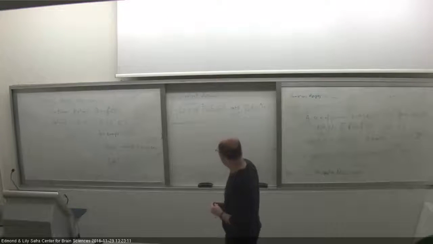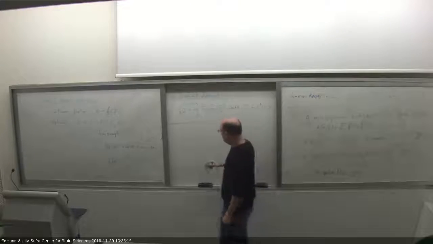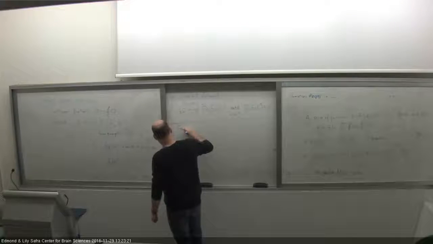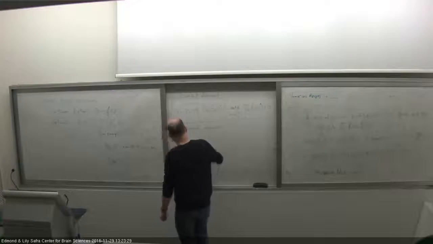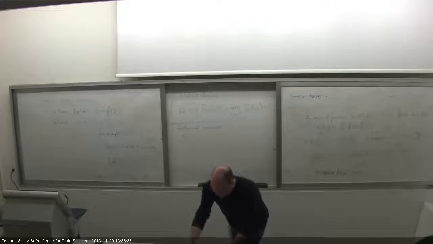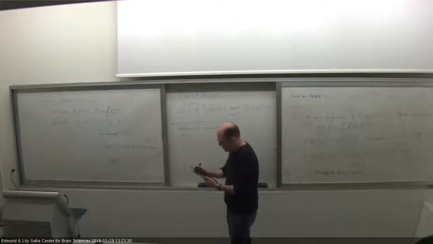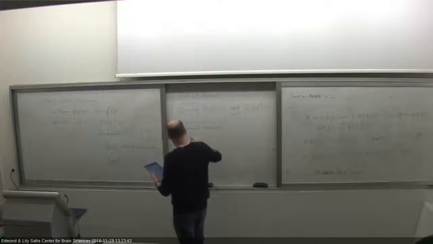Now what I want to do is discuss a particular architecture which is very commonly used in machine learning, what is called feed-forward networks. And then we'll discuss gradient learning for feed-forward networks. So the idea is that you have your input units, x1 up to xn. And then we have multiple layers of units.